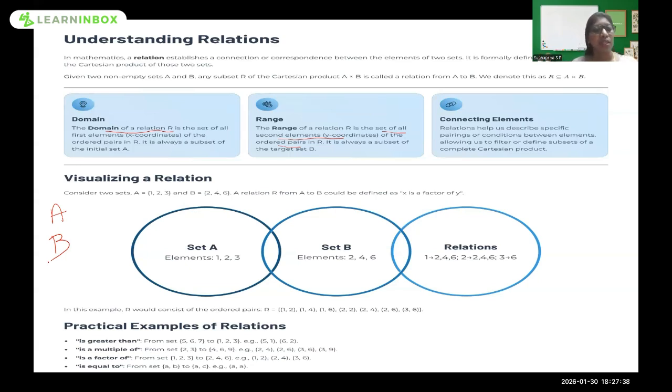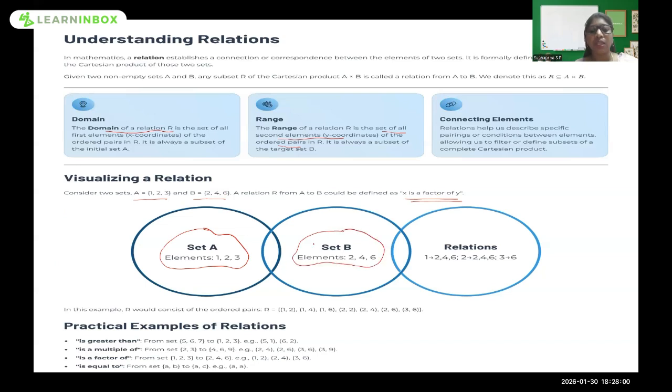See, a visualization of relation is being given over here. They are given A as 1 to 3, B as 2, 4, 6. And they are asking X is a factor of Y. So elements of set A are written here and set B is written here.